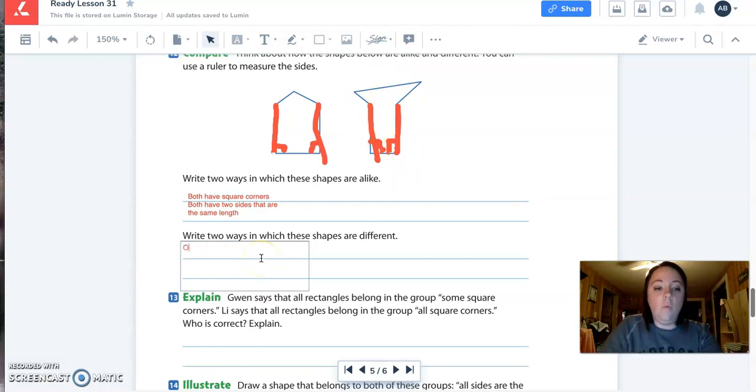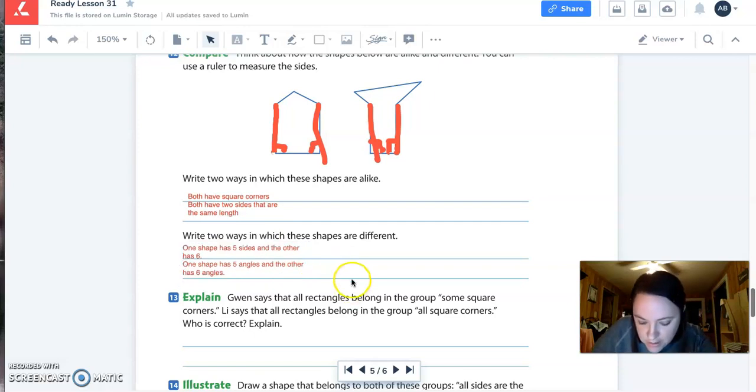It looks like one shape has 5 sides and the other has 6. So that means one shape has 5 angles and the other has 6 angles. Just like that. All right, I think I got all my answers down.